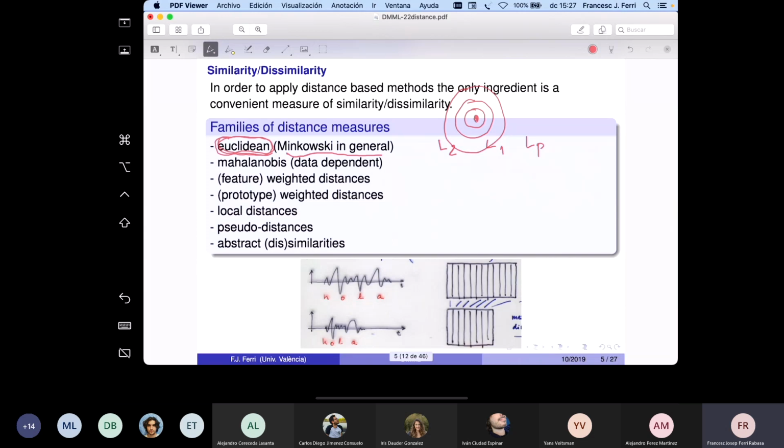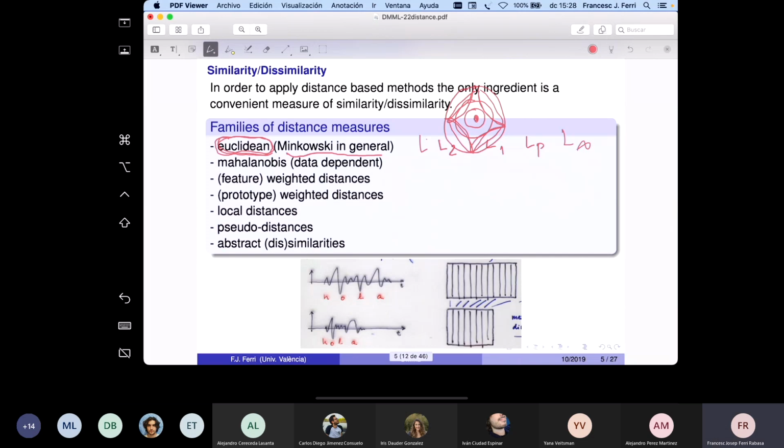And the Minkowski family is something like this. As we move from one point, the points of the same distance are things like that. We have also the L infinity.